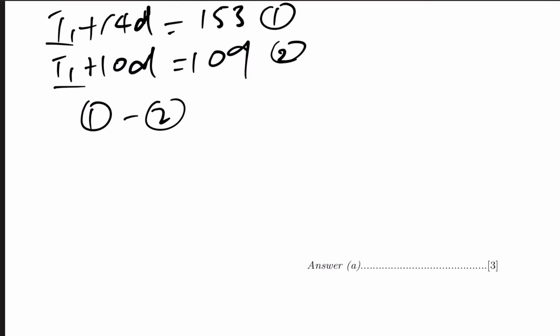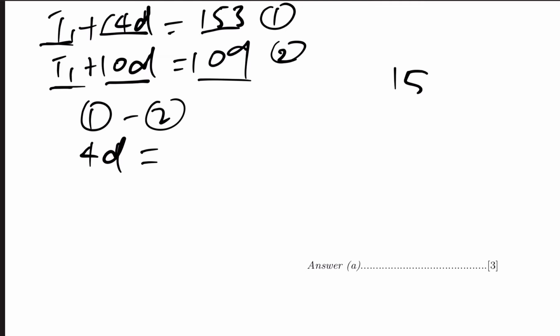So when you do that, T1 minus T1, we get 0. 14d minus 10d, we get 4d is equal to 153 minus 109. I'm just going to use our calculator.